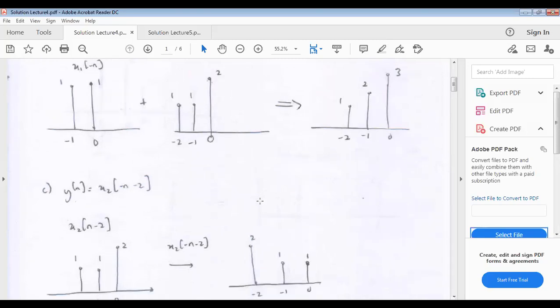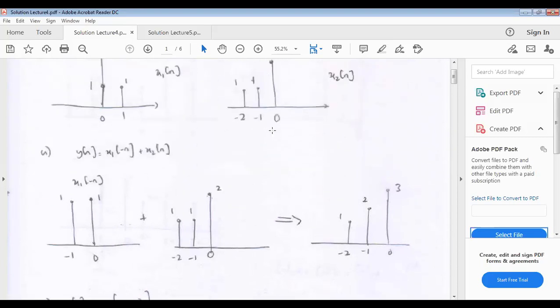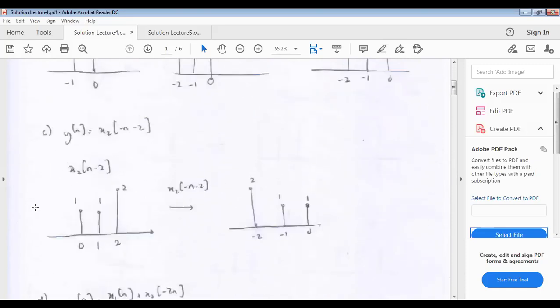That is why for the solutions here, I start with the shifting of -2, or x2[n - 2]. I'm shifting the signal x2[n] by 2 units to the right. So this is the result of the shifting process. When we shift it to the right by 2 units, you're going to have these results.